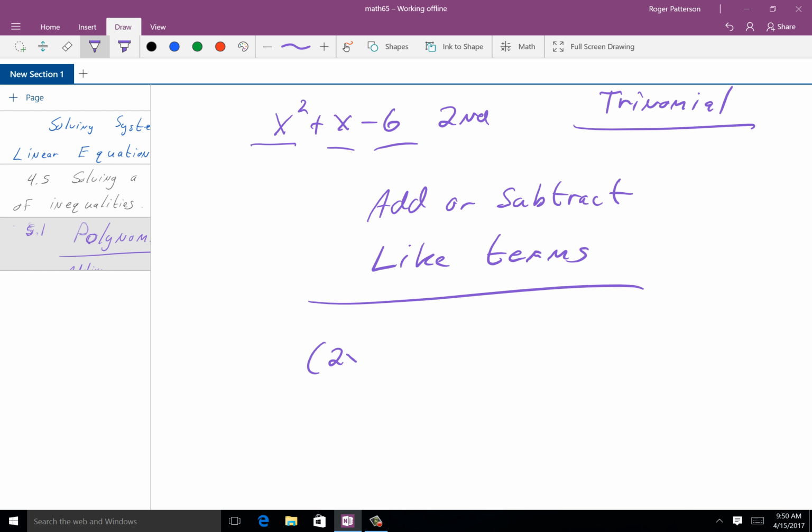Okay, so the other thing they want to talk about in here is what if we have x to the second to the third? Conceptually we'd have x times x, but we'd have that 3 times, because that's what that means. So in that case, how many x's do we have all total? 6.